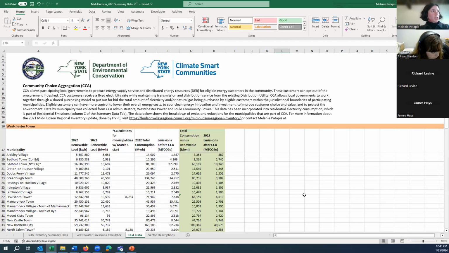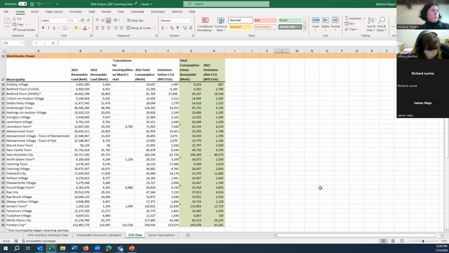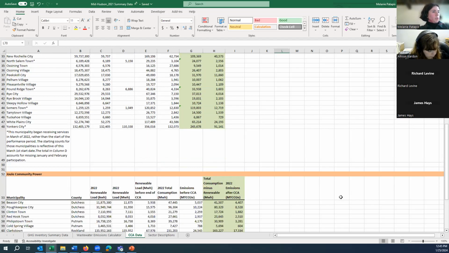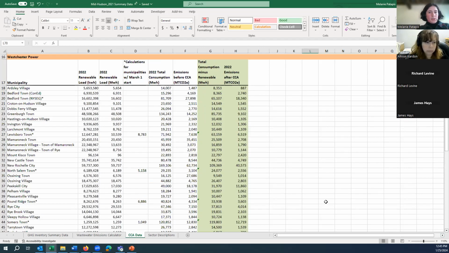Next in this spreadsheet is some data about community choice aggregation. So there are two CCAs in our region that we have data for: Westchester Power and then Joule Community Power. So this data is just here for your information. It's already been accounted for in the residential emissions estimates for the municipalities that are listed here.